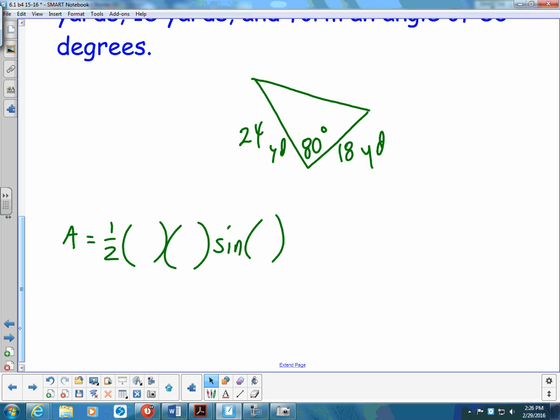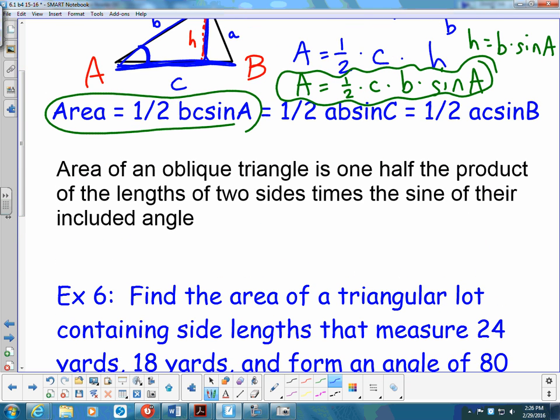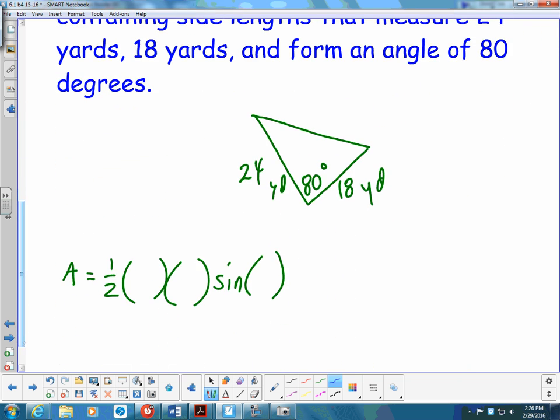So what are we going to write down? 1/2 times 24 times 18 times the sine of 80. Do people agree with that? Yeah. Okay, so go ahead and work that out.